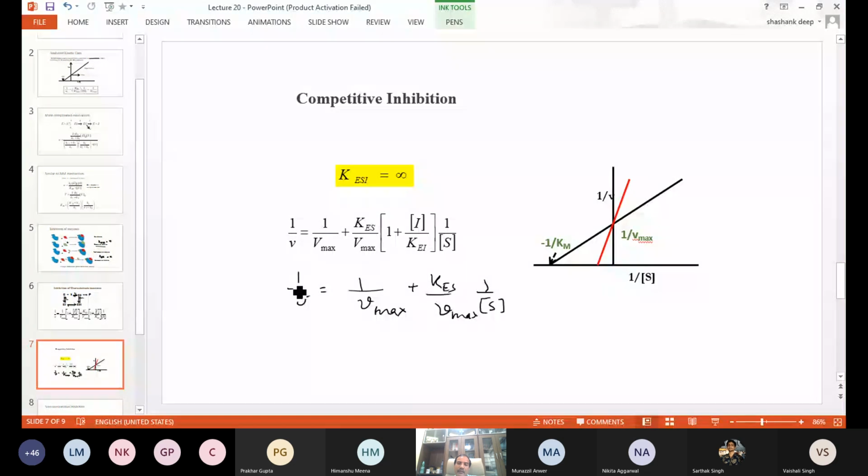If I plot these two, we look at the rate of reaction in the absence of inhibitor and the rate of reaction in the presence of inhibitor, and then I plot 1 by V versus 1 by S. In both cases the intercept will be the same. So you see here, this black one is without inhibitor and this is with I.